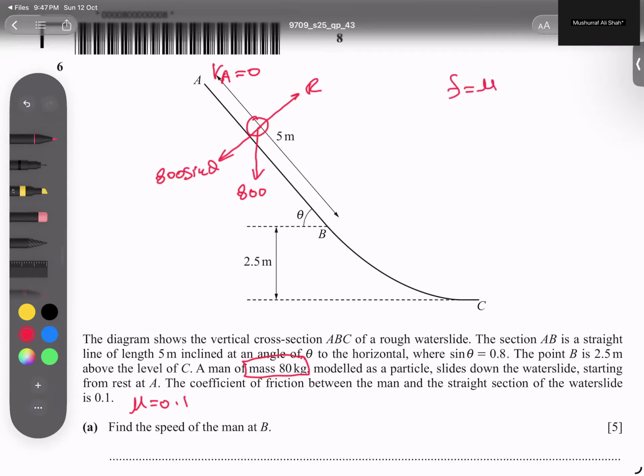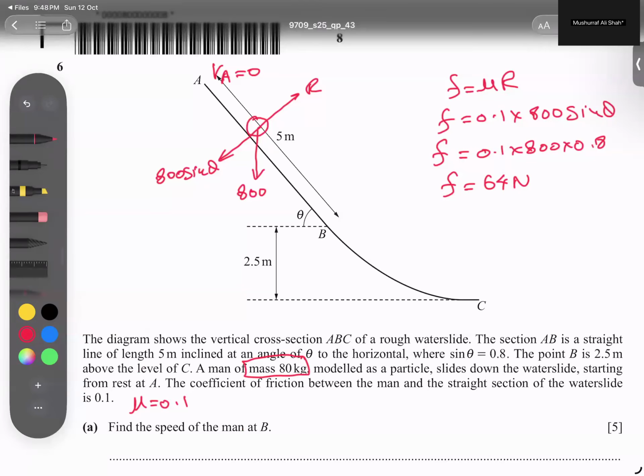F is equal to mu R, and mu is 0.1 and R is 800 sine theta. And sine theta value is given here 0.8. So I replace the values 0.1 into 800 into 0.8. So friction force is coming 64 newtons.